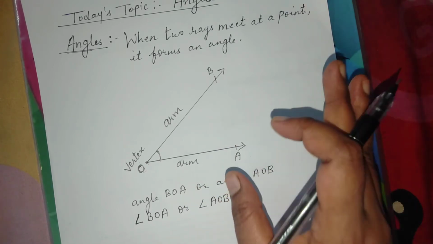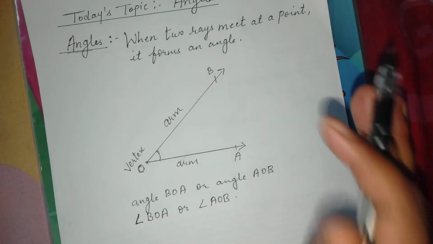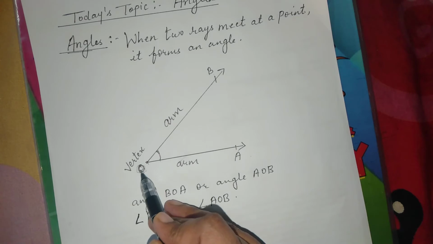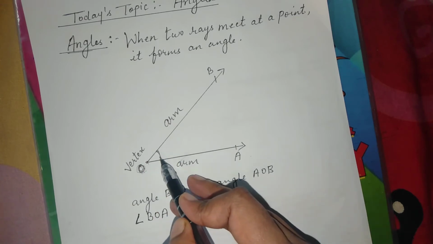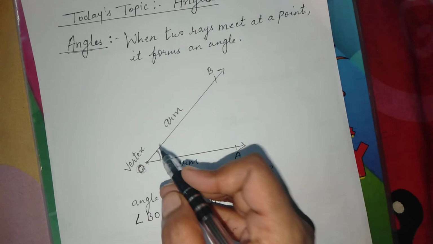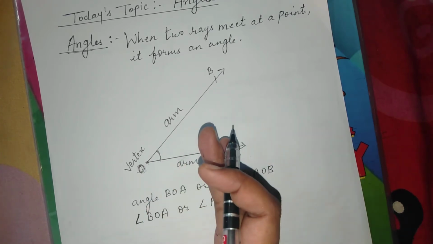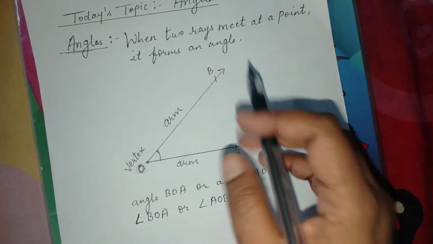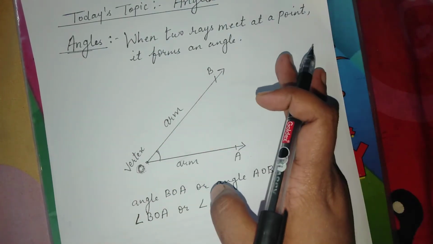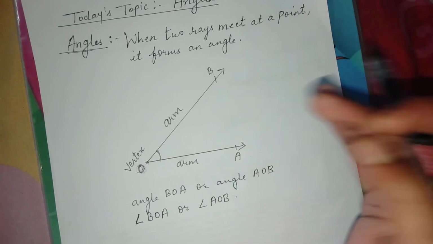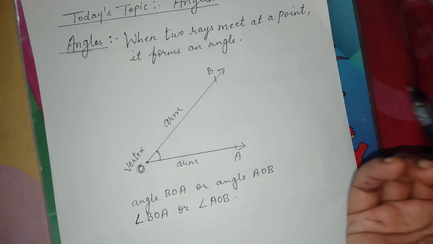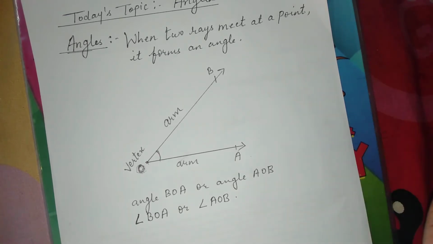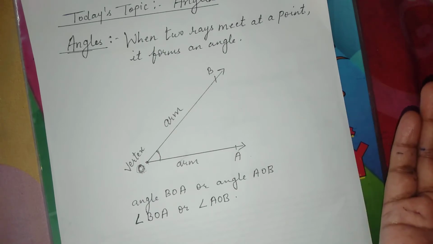Yes. How easy it is. You have to keep in mind that you have to keep this O in the middle, because O is our angle's vertex. So we will read it like this, angle BOA or angle AOB. Got it? So we can proceed with the next topic, that is how to measure angles. Okay, we'll see.